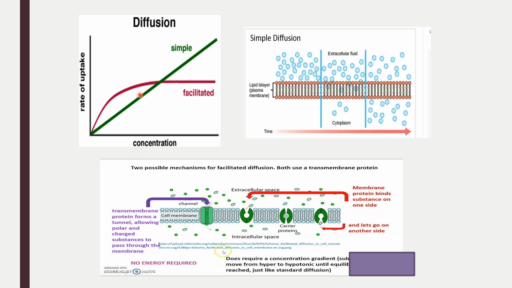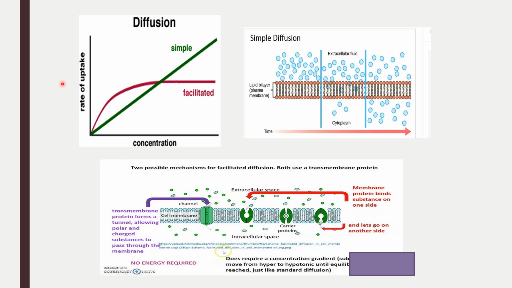Here in this graph, the concentration is plotted along the x-axis, and along the y-axis the rate of diffusion is plotted. This green straight line represents the simple diffusion. We can see that as we increase the concentration, there is a simultaneous increase in the rate of diffusion. But in case of facilitated diffusion, after a certain period, there will be a phase of saturation, when all the carrier proteins or transport proteins are saturated and not available.